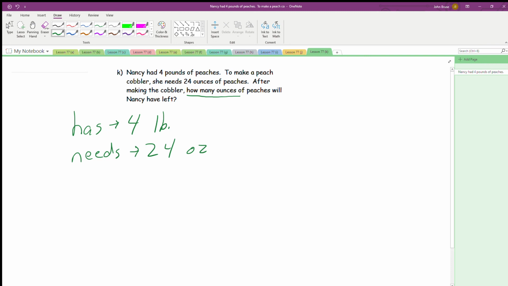So we need to turn this 4 pounds into ounces. Well, we know that 1 pound equals 16 ounces. So we're going to use the formula of 16 times however many pounds. So we got 4 pounds. We're going to do 16 times 4.